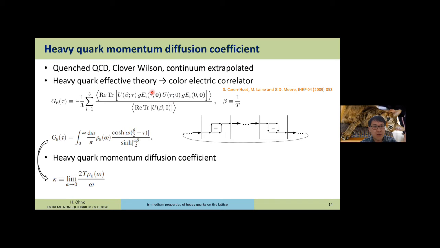That means this system has an infinitely heavy quark, and from this color electric correlator, one can also calculate a spectral function, and from this spectral function, one can define the heavy quark momentum diffusion coefficient from its behavior around zero frequency.